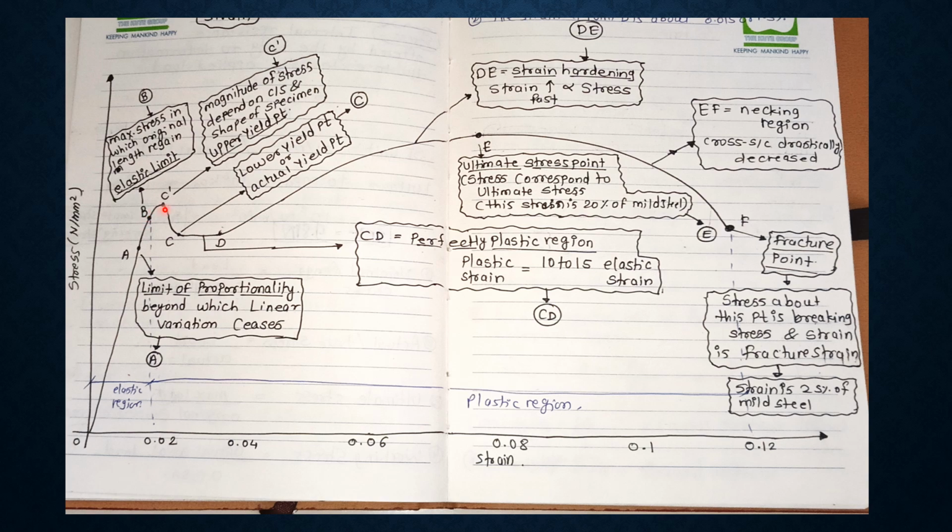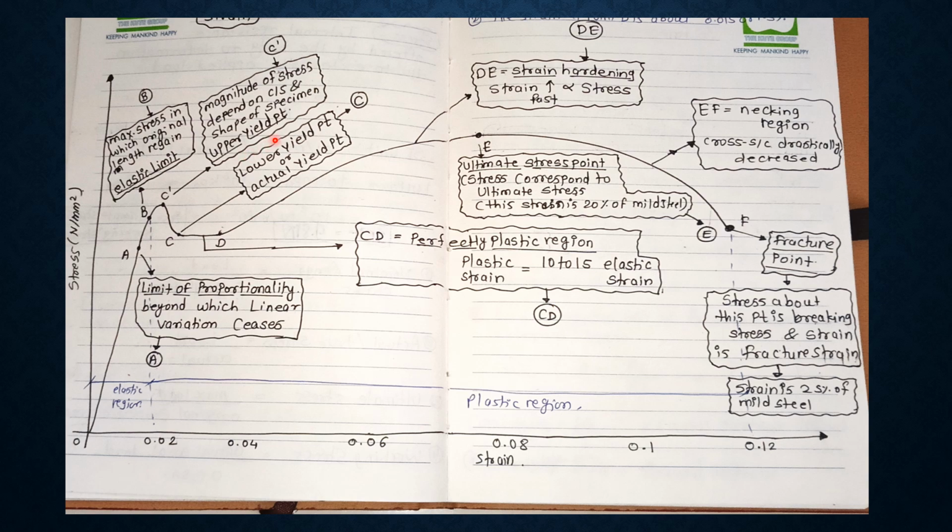Then the next point is C dash, the upper yielding point. Yielding point is the point at which the material starts to deform. C dash is the upper yield point, where the stress is maximum compared to C, the lower yield point.